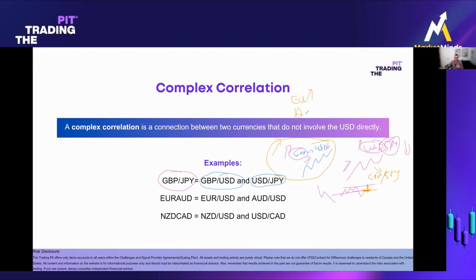Is the AUD USD also on a rally? Is the Kiwi New Zealand USD on a rally? If the answer is yes, and you can identify that, okay, these markets, they're gaining some strength.